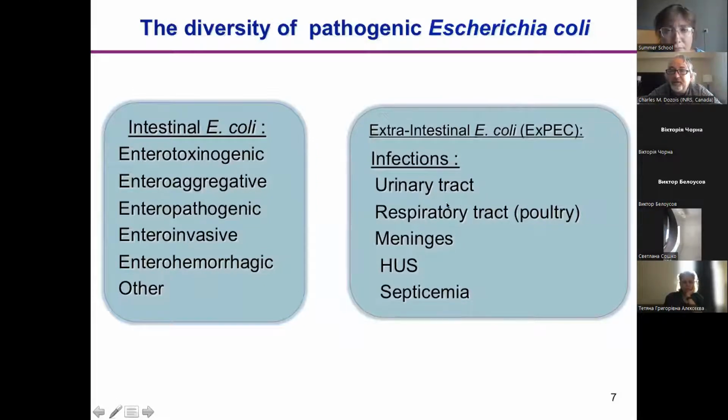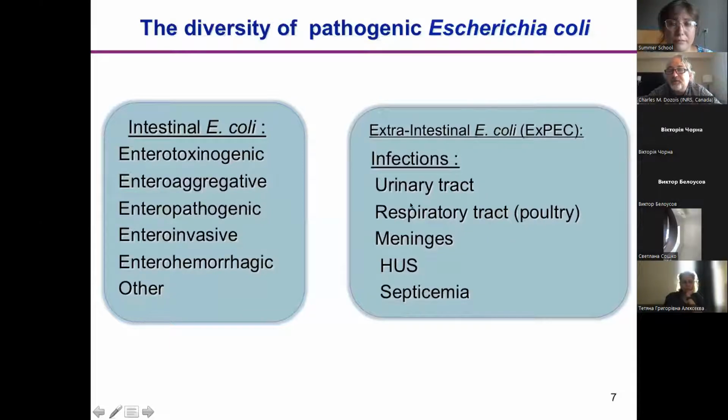But typically they can reside in our gut in a harmless, and in some cases maybe even a helpful fashion. However, if they are given the opportunity or somehow are able to be found in the urinary tract, in some cases, they cause neonatal meningitis, as an example. If we have surgical operations, they are often one of the main causes of septicemia as well.